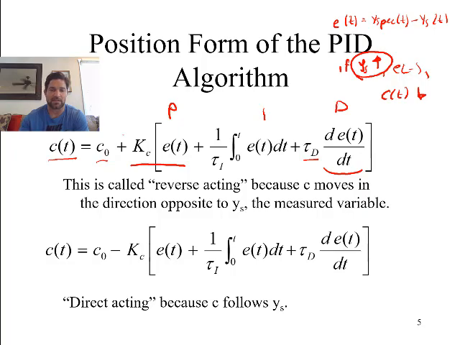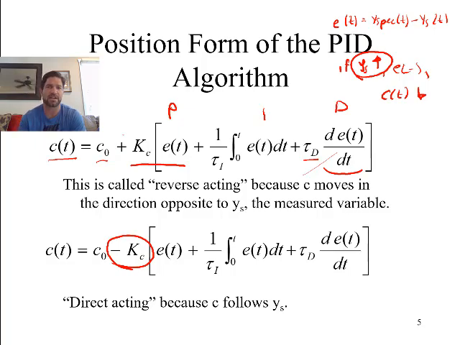Direct acting is essentially the opposite. We just change the sign of this term right here. If we change the sign in front of the gain, an increase in sensor value would cause an increase in the controller output. So essentially the point of reverse versus direct acting is just setting the sign on the gain term.